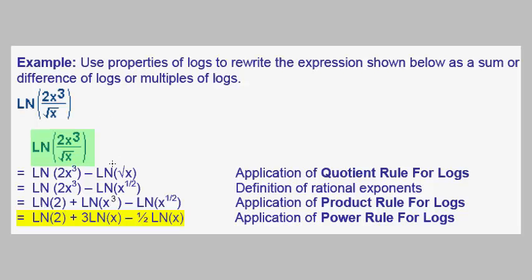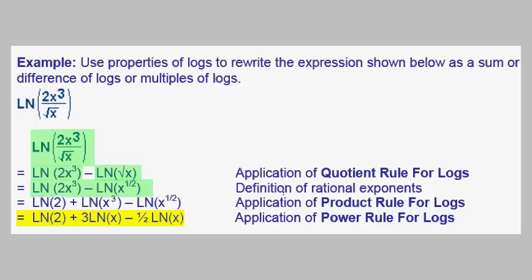So here we can rewrite this log of this quotient 2x cubed divided by square root of x as log of 2x cubed minus log of the square root of x. Now remember, the square root of x is x to the 1/2 power. So we're going to take that square root out and replace it with the 1/2.